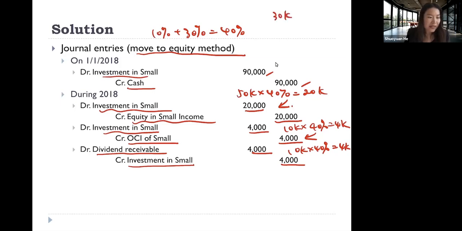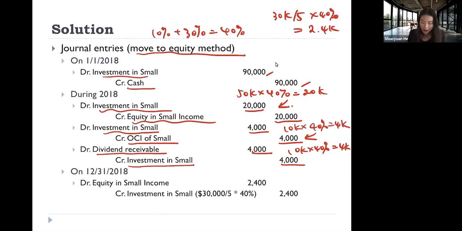And this 30,000 can be amortized over 5 years. And also because Big now has 40% of Small, we multiply by 40%. So the amount of amortization which should be recognized by Big is 2.4 thousand. The journal entry here is to debit equity in Small's income, credit investment account for 2.4 thousand.